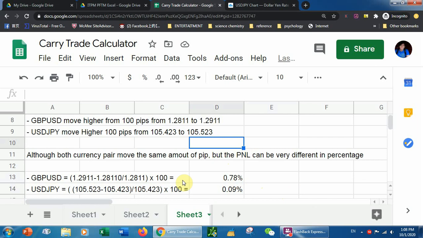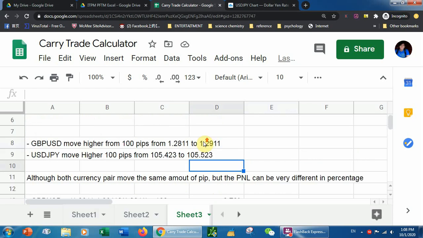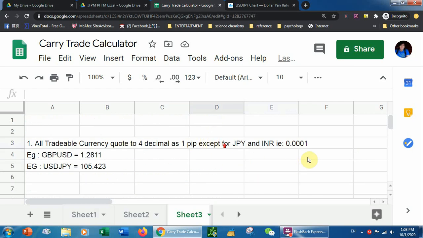And here's the thing: why are there a lot of people out there trying to sell you this concept that you should calculate PNL using pips? It's very simple, because they know that the forex market is not very volatile.